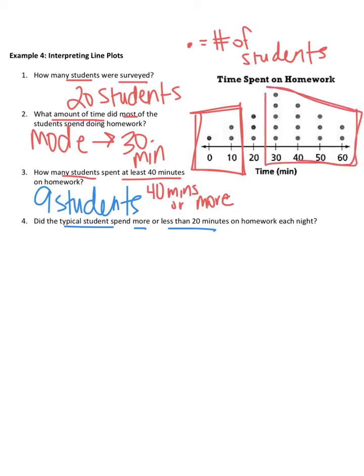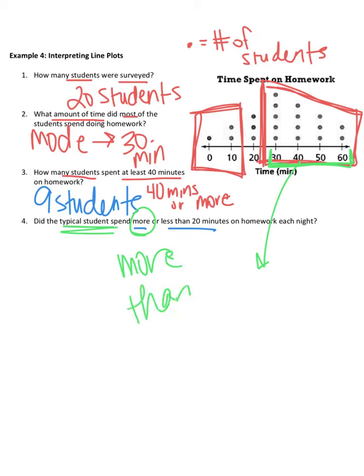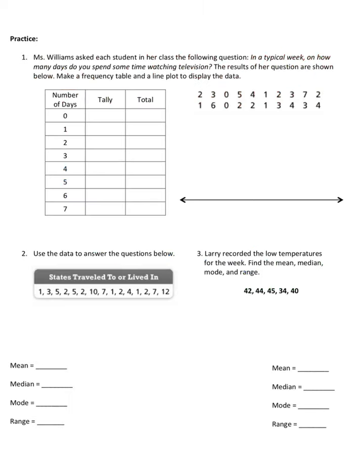If I look at the boxes that I just made, where do most of my dots fall? They fall in this 30 to 60 minute range. So the typical student spent more than 20 minutes on homework, because that's where the majority of my dots fall.